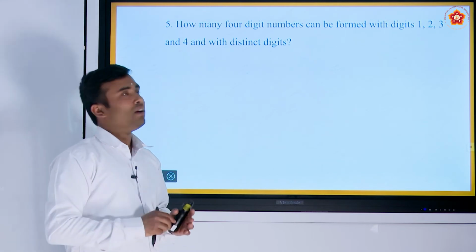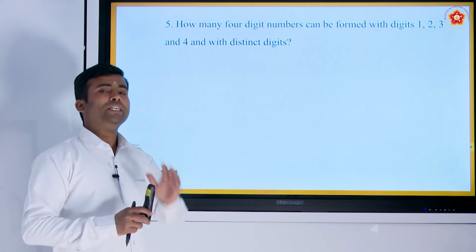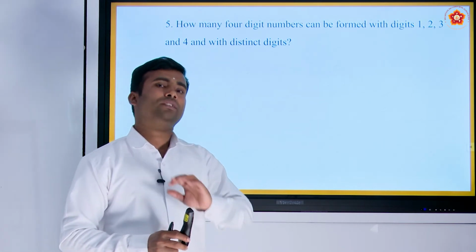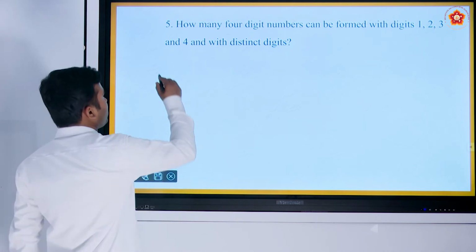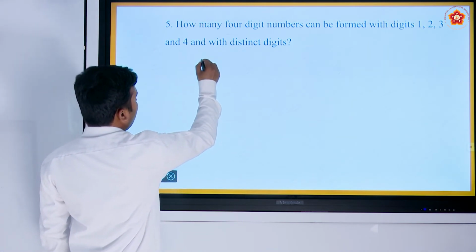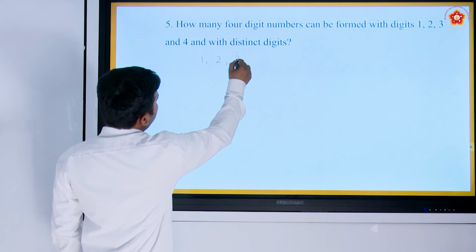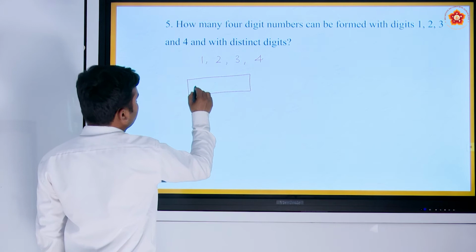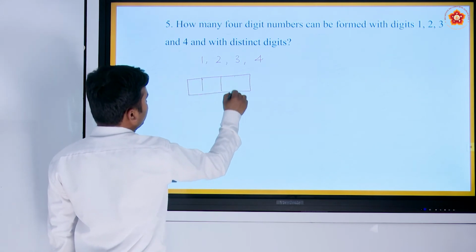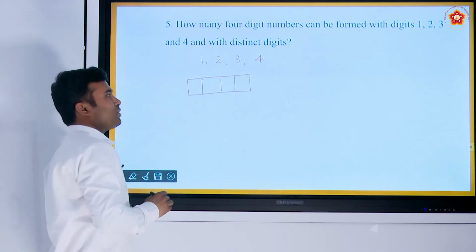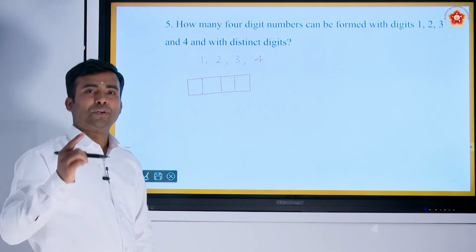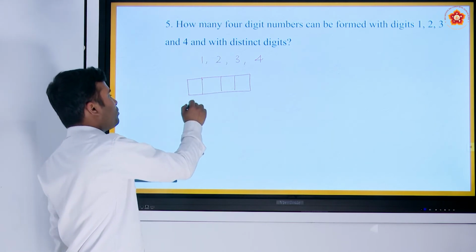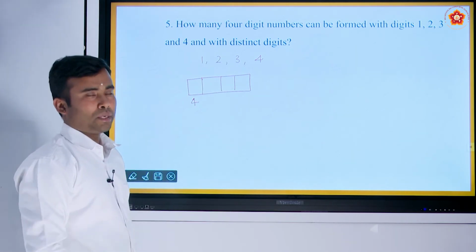But here the problem is there will be distinct digits. That means the repetition is not allowed. So here the given numbers are 1, 2, 3, 4, and we need to form a 4-digit number. See here, the first place can be filled in 4 different ways. Either you can use 4, 3, 2, or 1. So there will be 4 choices to fill the first place.